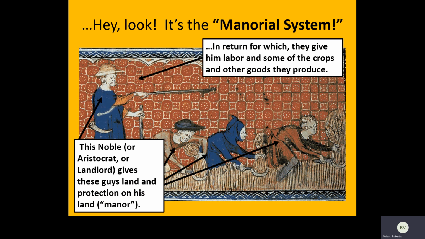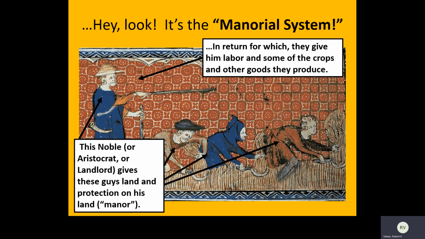That's what this thing was, the key economic function of European society here, where the aristocrat gives these guys land and protection from marauders, in return for which they have to give him the labor to work on the land, or to repair his castle or his manor house, or to take care of his livestock or whatever, and some of the crops and other goods they produce, if they're weaving cloth on the side.